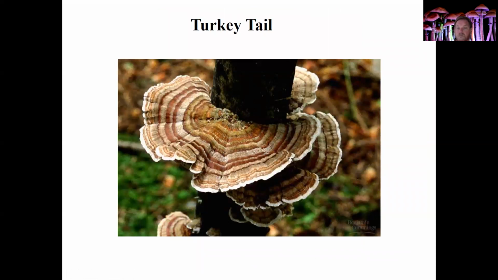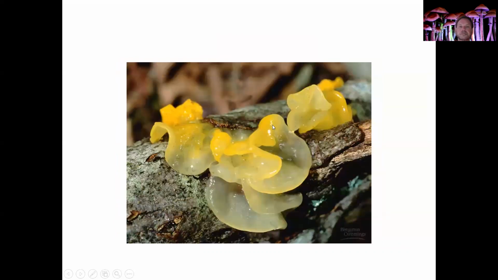Turkey tails. They look like the tails of a turkey, typically growing out of decaying wood. And even gooey stuff like witch's butter. So, fungus mungus. Pretty neat stuff.